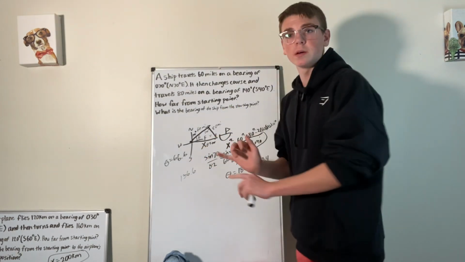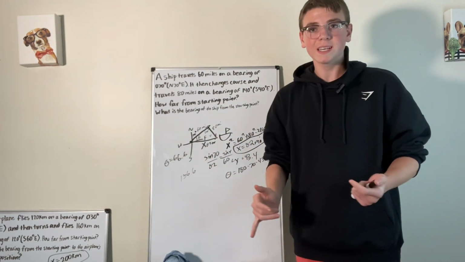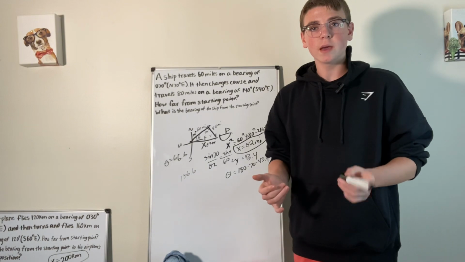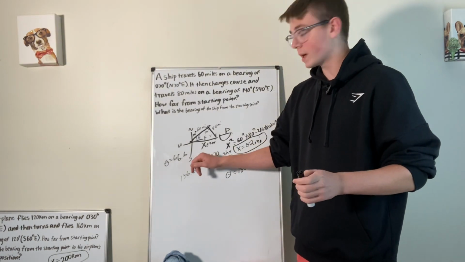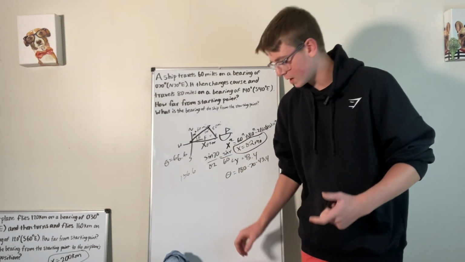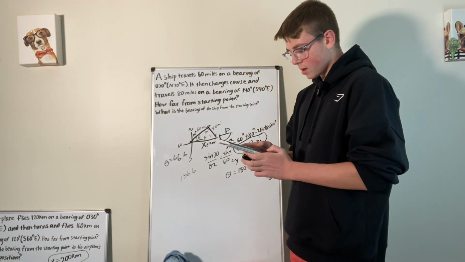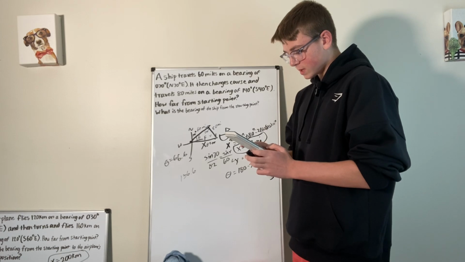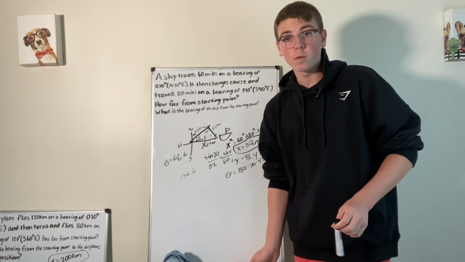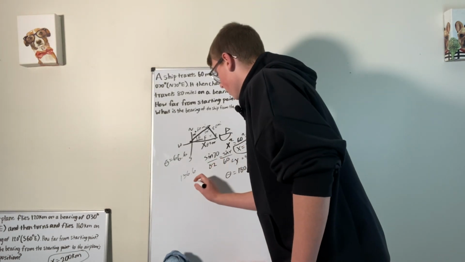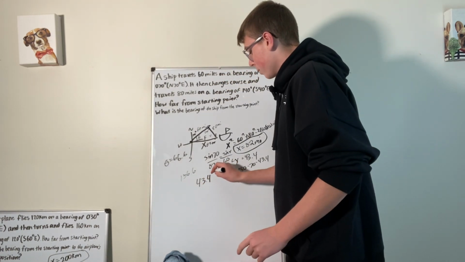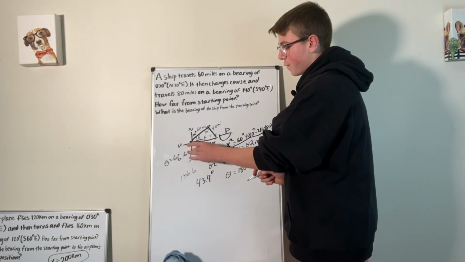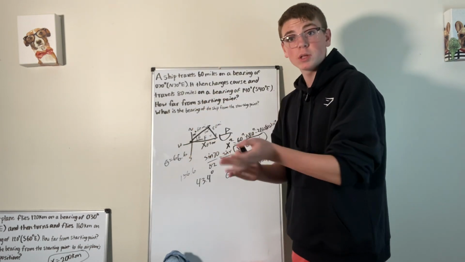So anything between those is southeast. 136 is between those. So now we have to say, okay, how far is 136.6 from this south line, which is 180? So you could do 180 minus 136.6, and you will get 43.4, right? 43.4 degrees away from south and into the east direction.